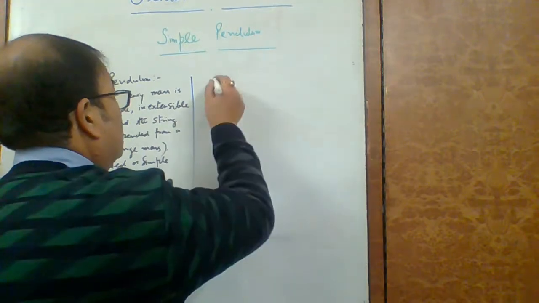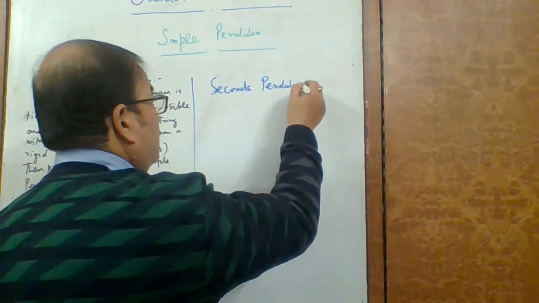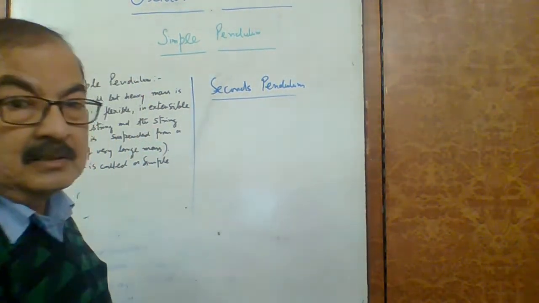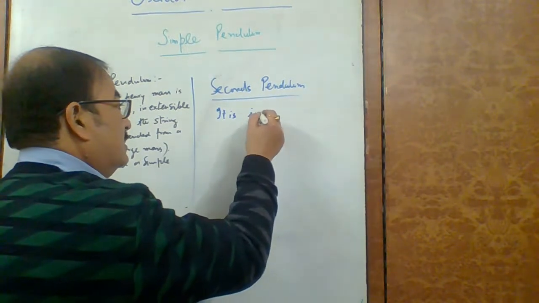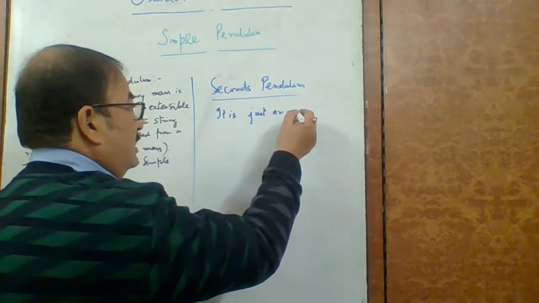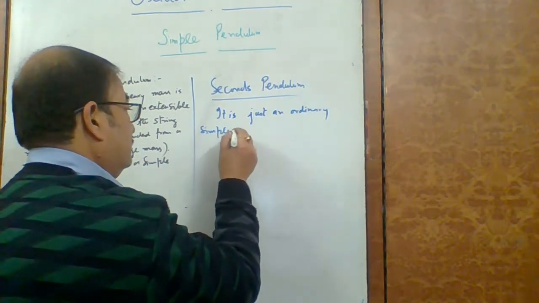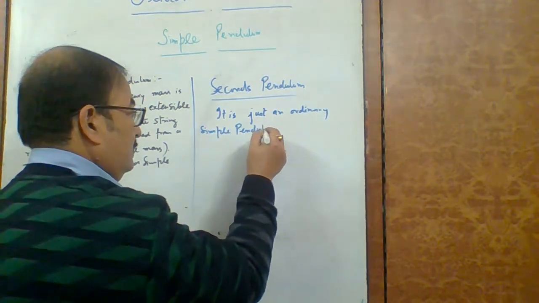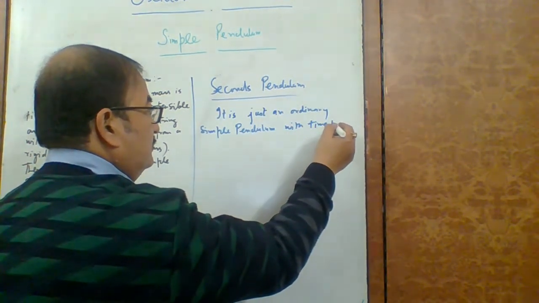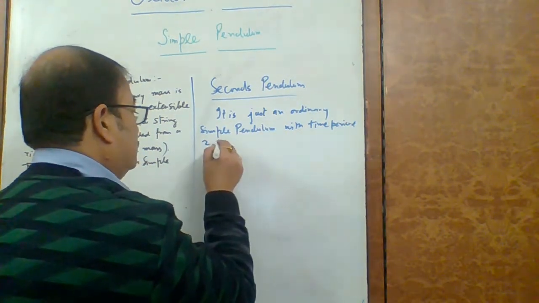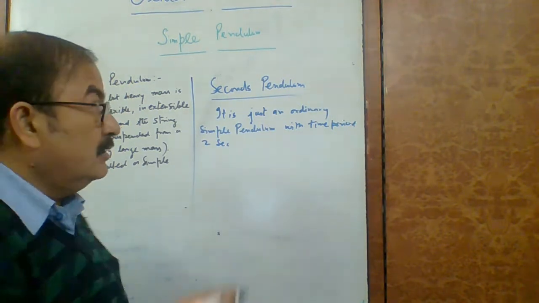Seconds pendulum is nothing but an ordinary simple pendulum with time period 2 seconds. Remember, any simple pendulum with time period 2 seconds is called seconds pendulum.